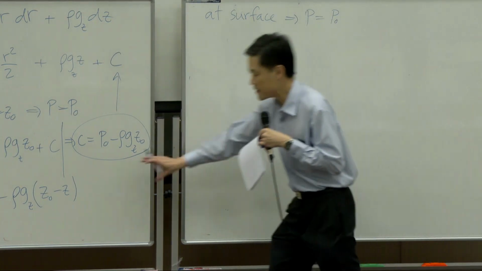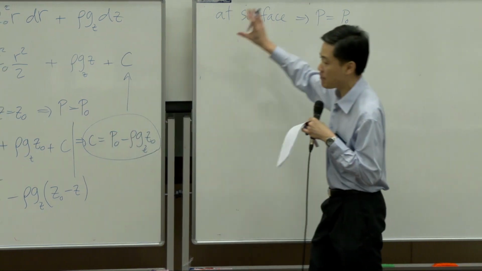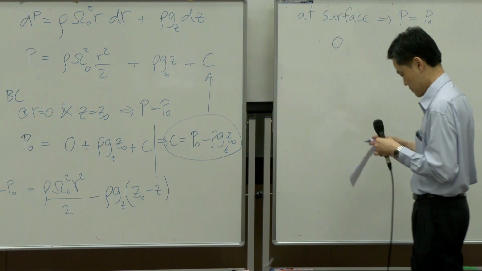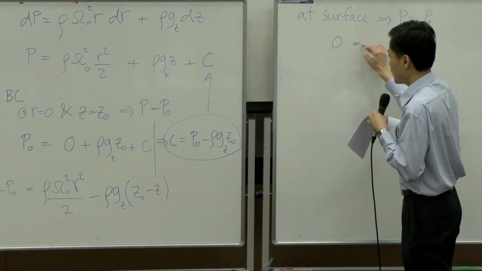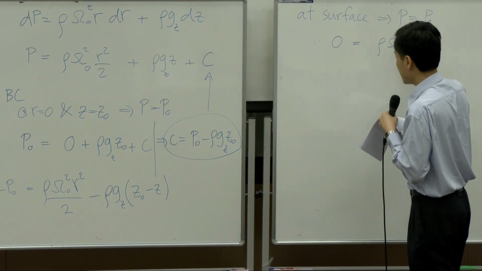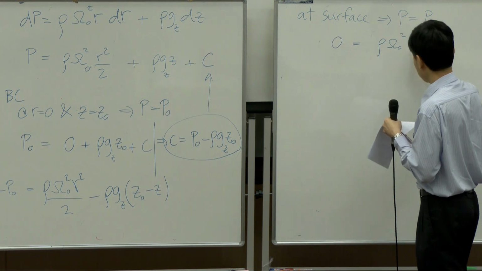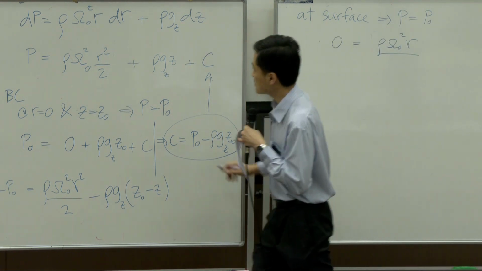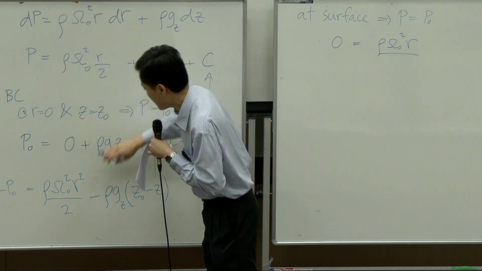So if I pick this equation and apply pressure to be P0, the left-hand side turns to be 0. Right-hand side, you have the same thing. Oh, it's supposed to be r, not r squared. I'm sorry.